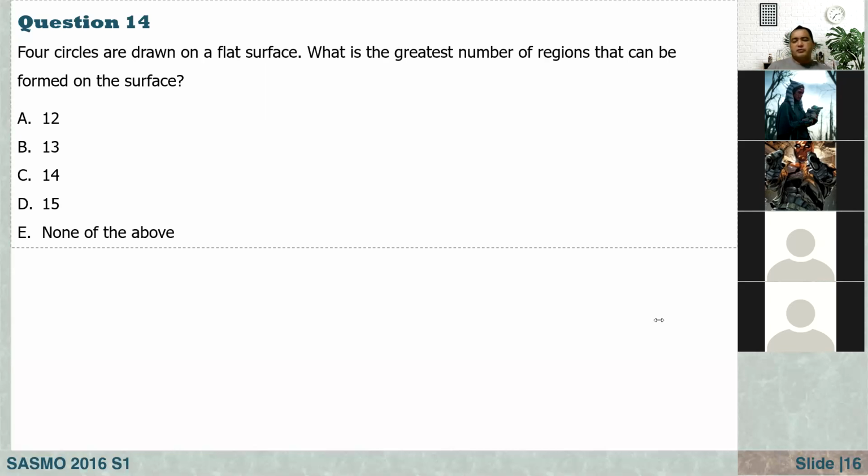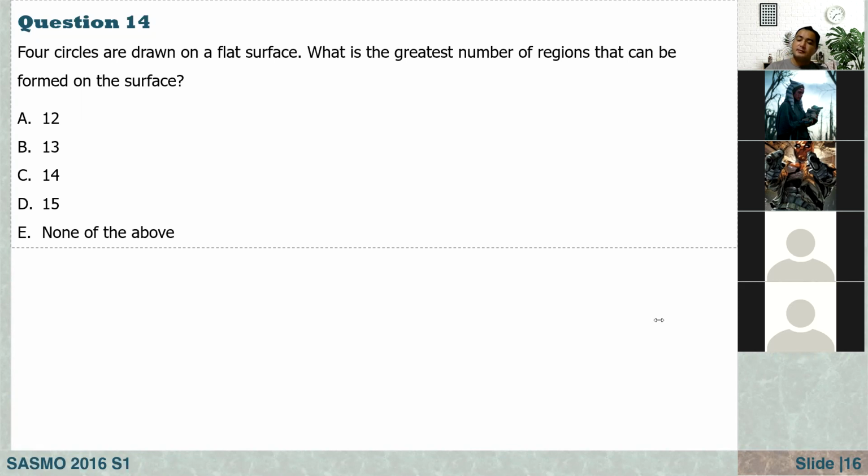Tell me the truth. Are you really solving this question? Yes. How? Did you draw circles? Did you draw 4 circles? No, I only describe this.